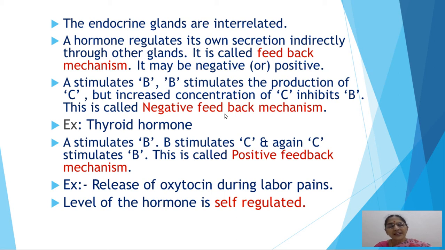Consider A, B and C are the endocrine glands. Example, thyroid hormone. And then again another case, A stimulates B, B stimulates C and again C stimulates B. This is called positive feedback mechanism. Example, release of oxytocin during labor pains. Level of the hormone is self-regulated.